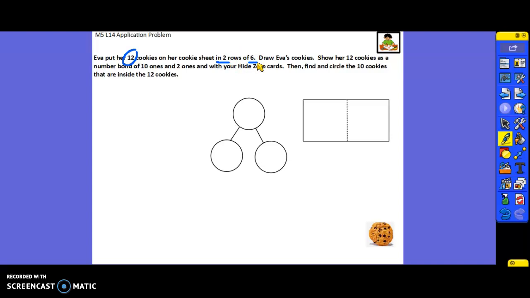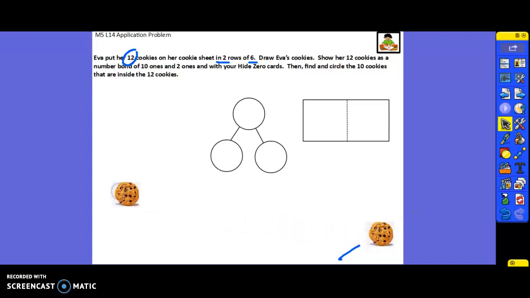That's right. Just like when we counted our stars that were in rows, we're going to draw Eva's cookies in 2 rows of 6. Okay, so I want you to draw your picture, and Miss Nakian's going to see if we can move. That's right. So I have a cookie right here.